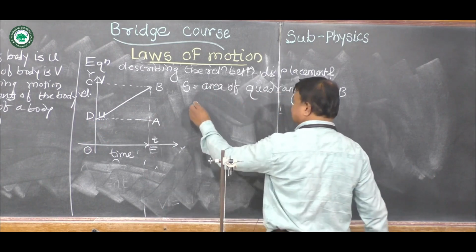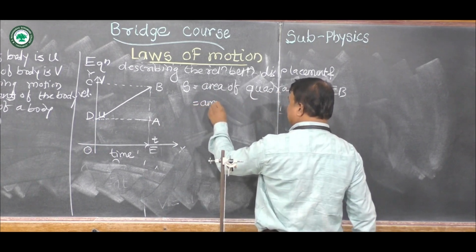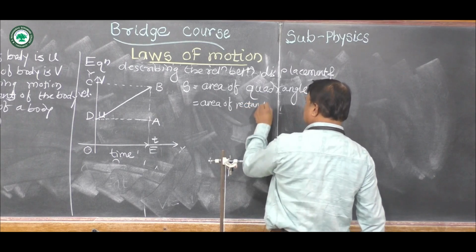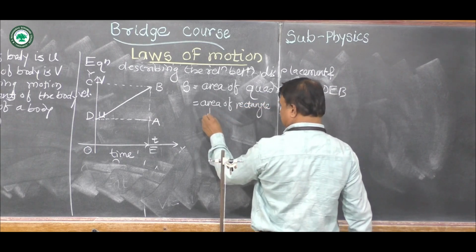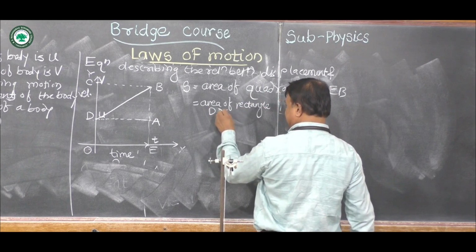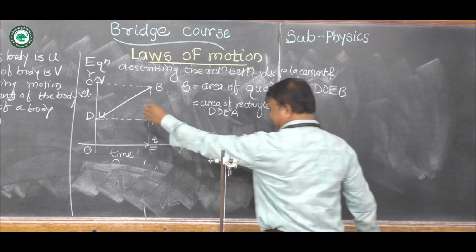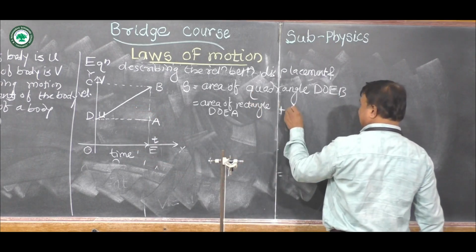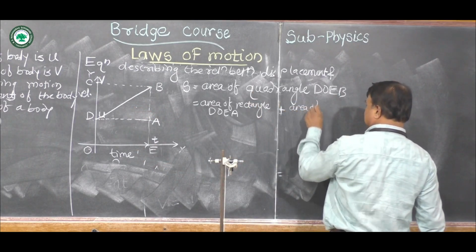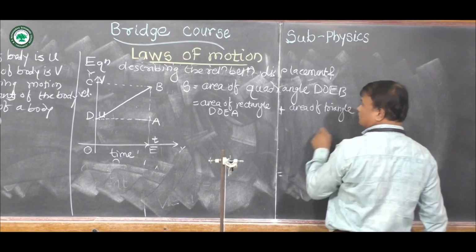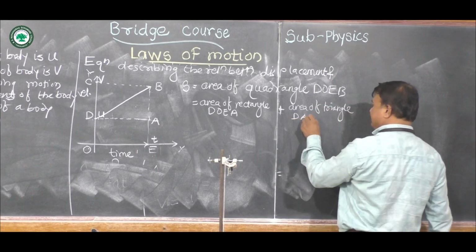So we write area of rectangle DOEA plus area of triangle DAB.